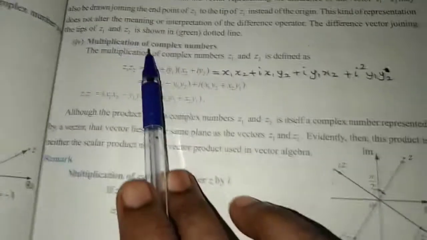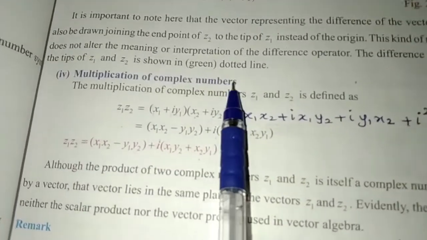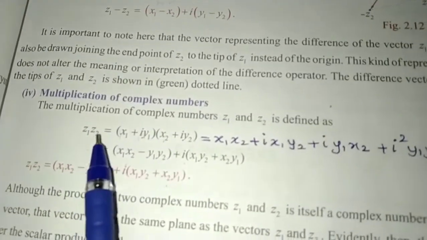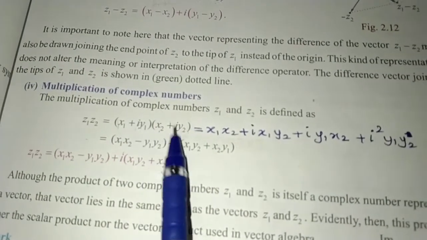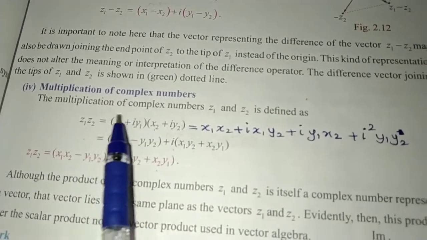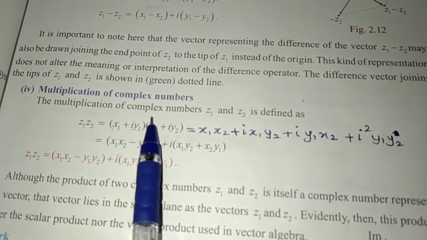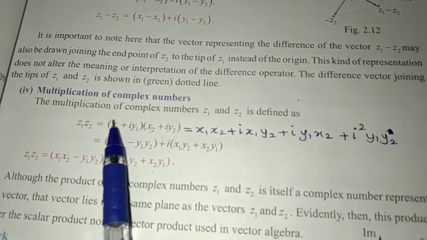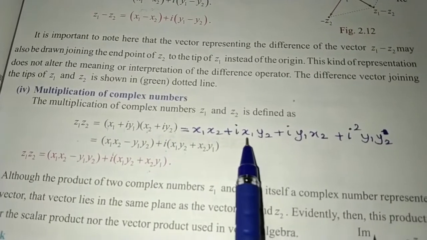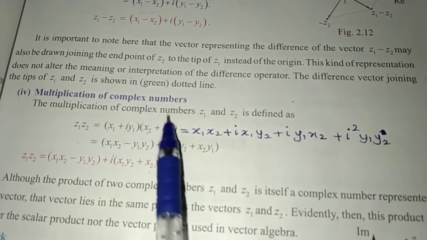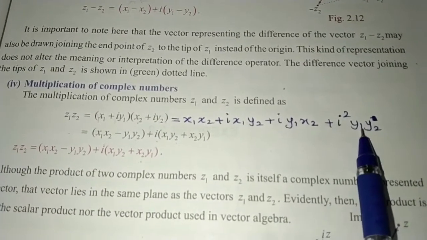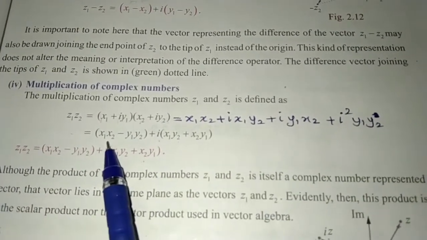Okay, and multiplication of complex numbers. Multiplication of complex numbers means z1 into z2, that is x1 plus iy1 times x2 plus iy2. Just multiply by the algebraic method: x1 x2, next i x1 y2, next i y1 x2, i squared y1 y2. Okay, first write x1 x2.